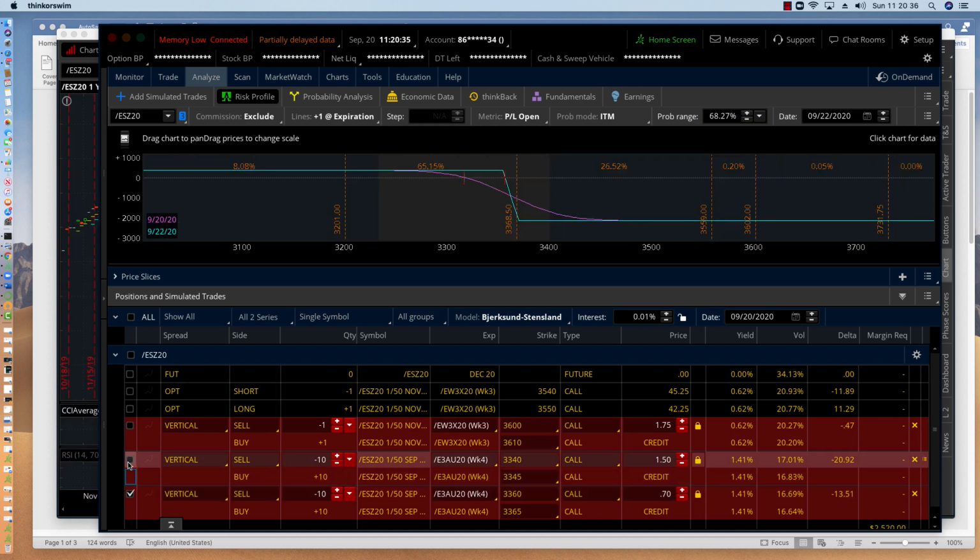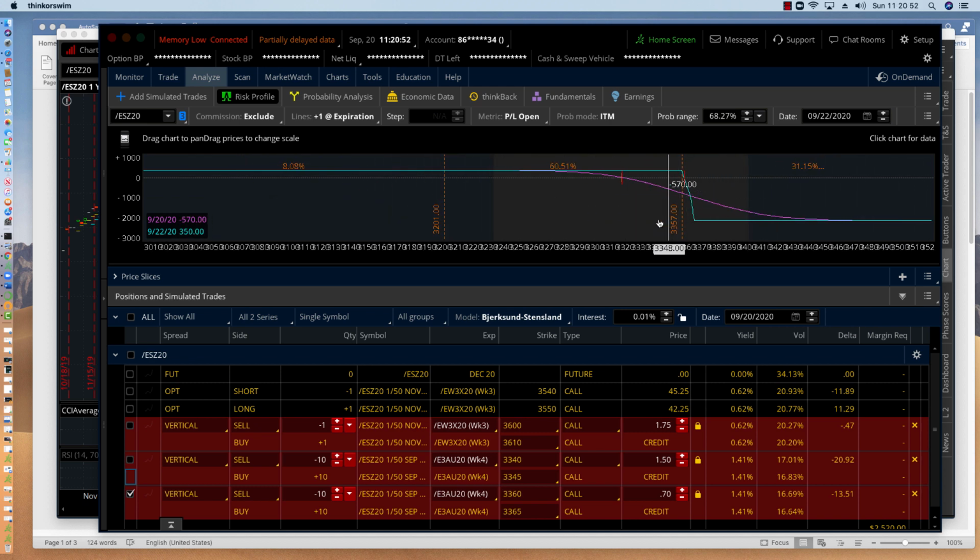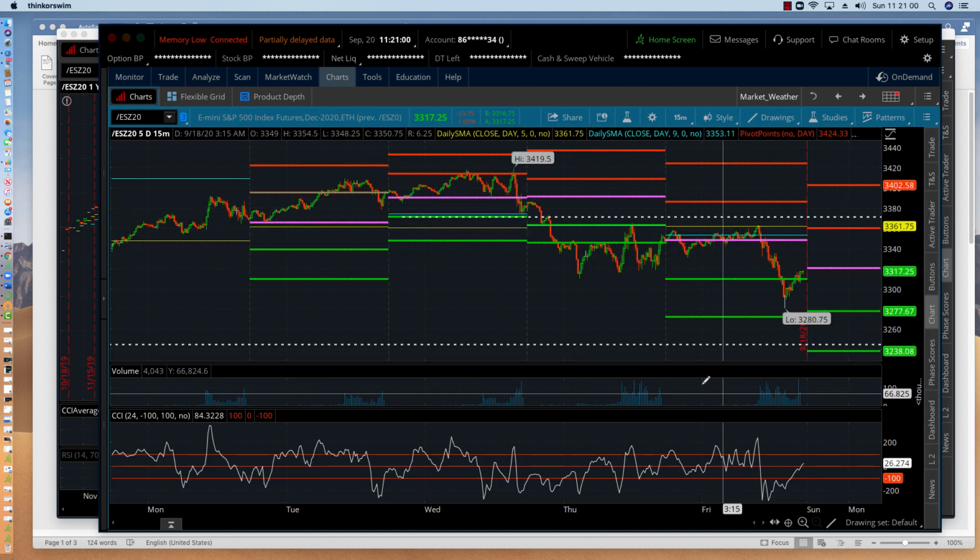Okay, so you'd be max profit is 350 here, and if it hits that level, you're losing 700. So almost 2x of what your max credit is. Okay. I mean, it just gives you something to think about.